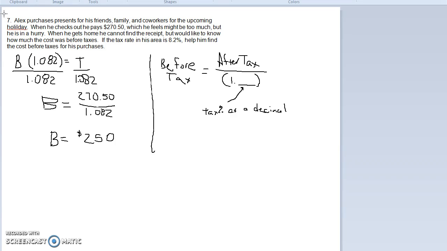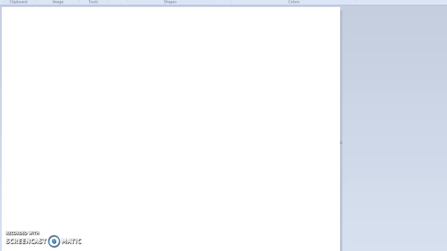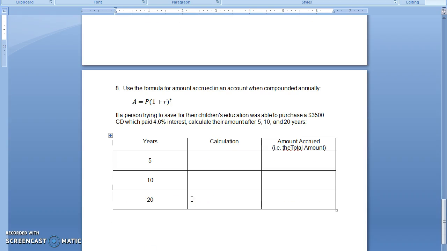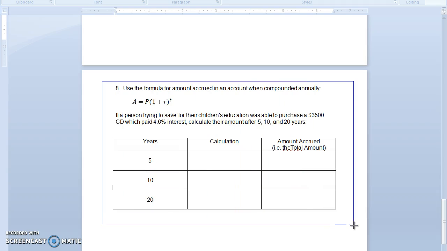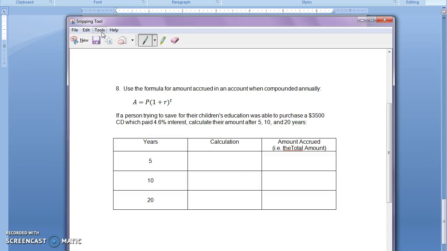So let's go to our last problem. And in this problem, I will give you this formula. You do not have to have this memorized. And this is the formula for finding compound interest if it's compounded yearly.